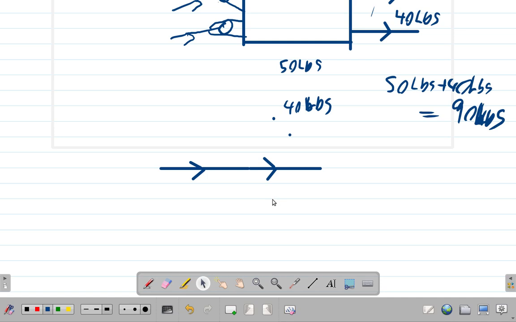Now remember, you have one complete vector with 50 plus 40 giving you 90 pounds. This is the resultant. So what you must do now is draw two arrows on the resultant. There you are. You have a resultant of 90 pounds here. You see that?